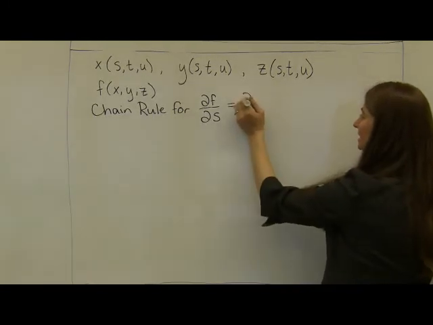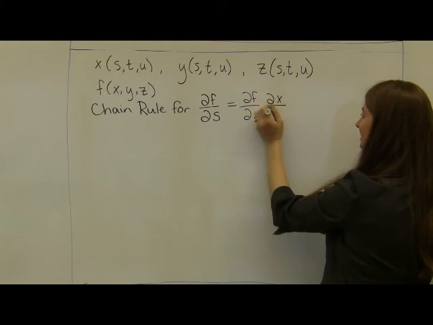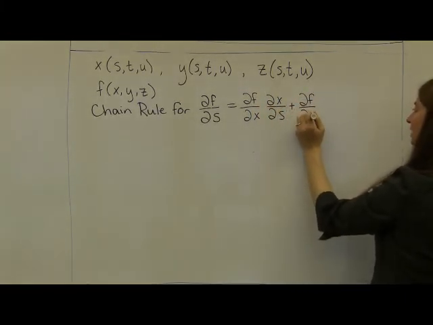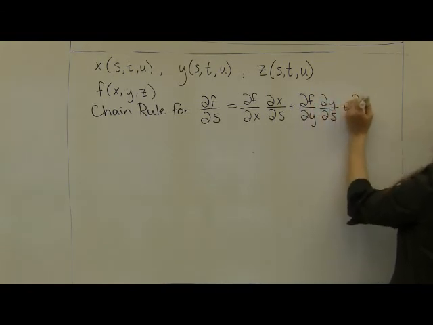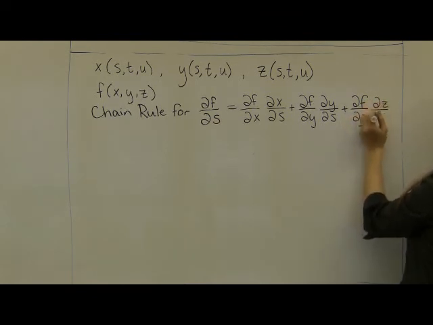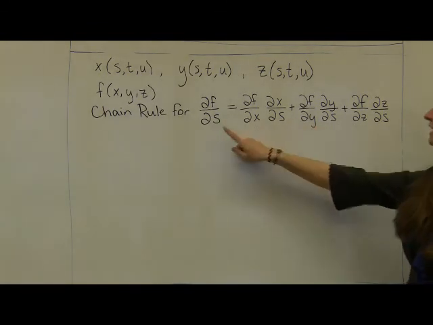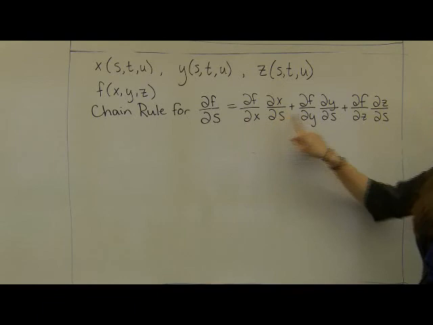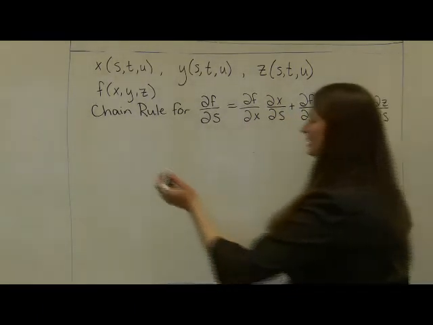So that looks like df dx dx ds plus df dy dy ds plus df dz dz ds. And you can, in your mind, if I change this s to a t, one of the other minor variables, obviously all these s's would change into t's. So let's go ahead and see an example.